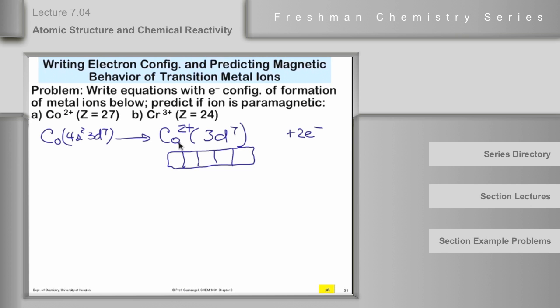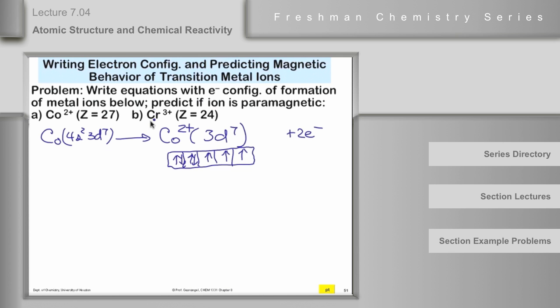How many unpaired electrons? 3 unpaired electrons. Let's see what I get. 3d7. 1, 2, 3, 4, 5, 6, 7. You're all right. 3 unpaired electrons. So it's paramagnetic, right? Good work. Good work. Questions on that one?